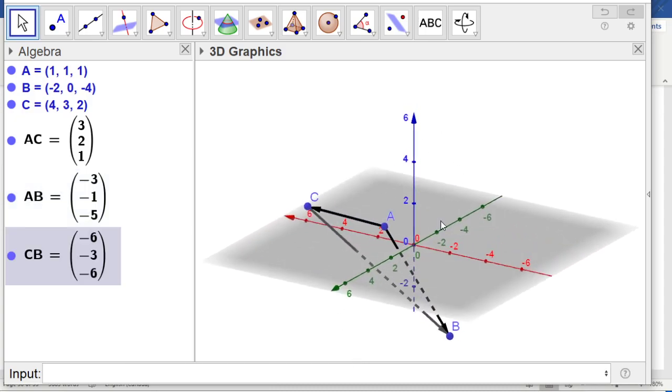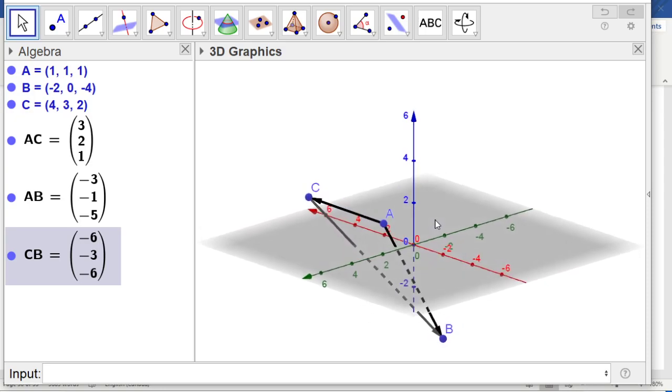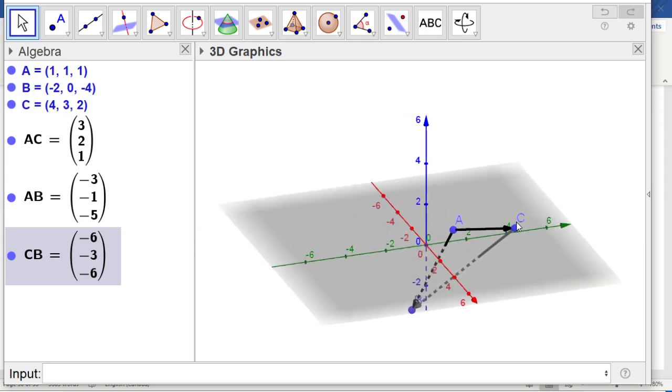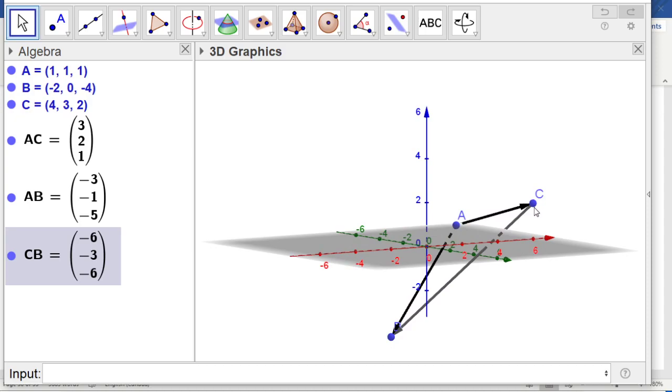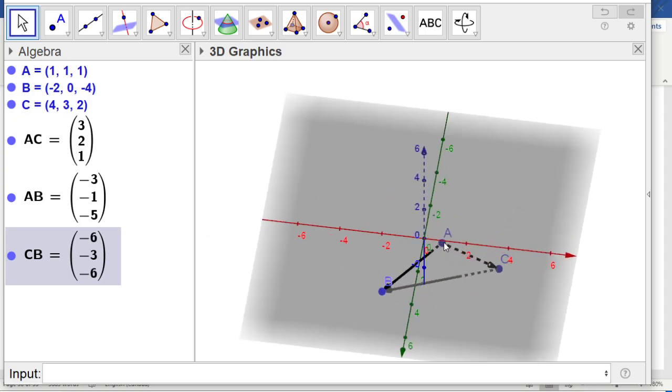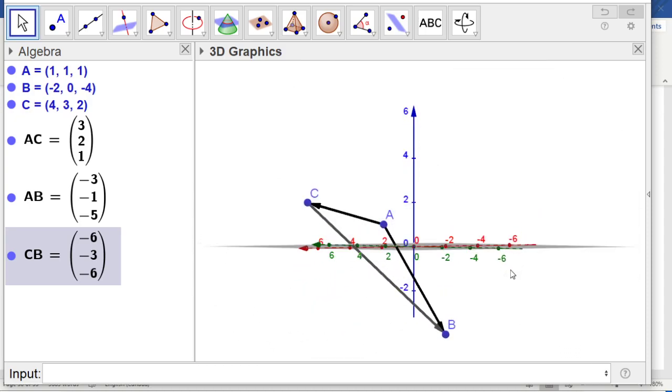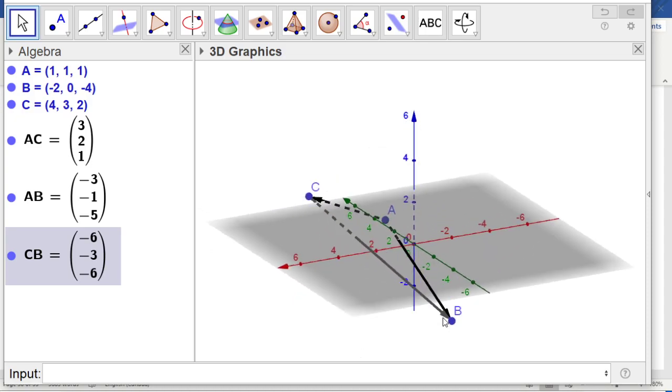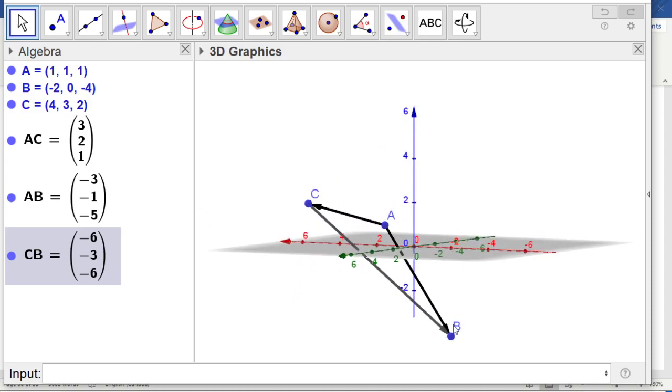To get the area of this triangle, what are some things we could do? Well, one thing we could do is project. I'm just trying to think what you would want to do here to get the area.